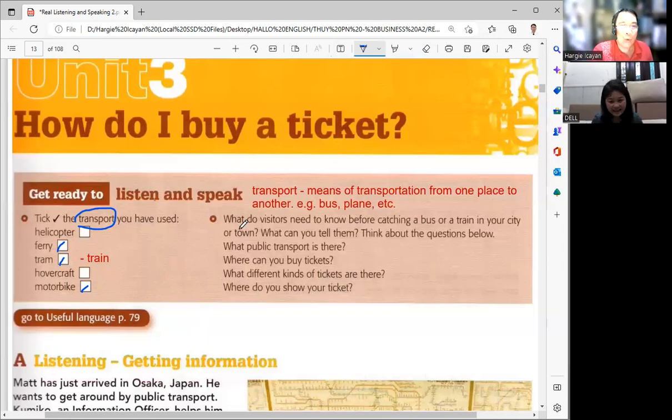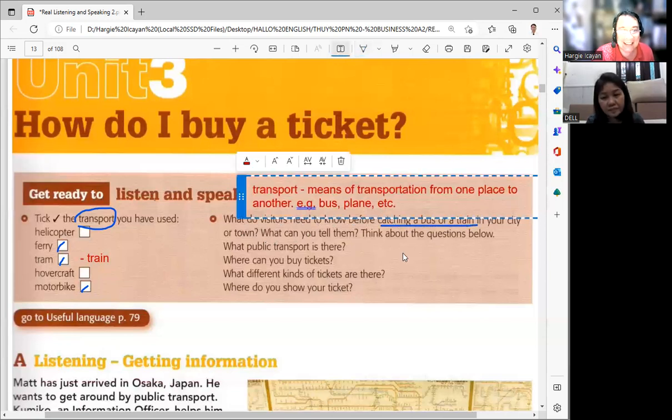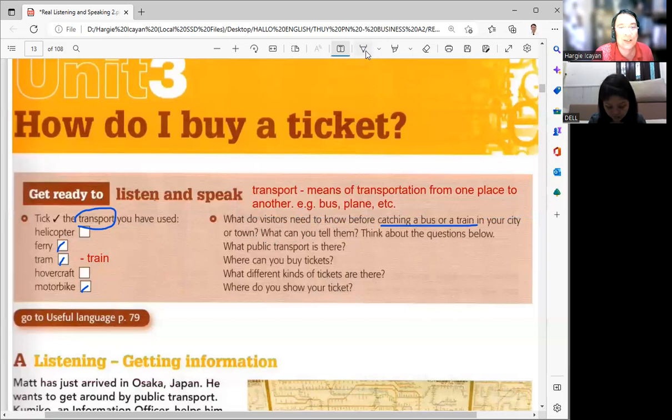Okay, next. What do visitors need to know before catching a bus or a train in your city or town? Catching can also mean riding.